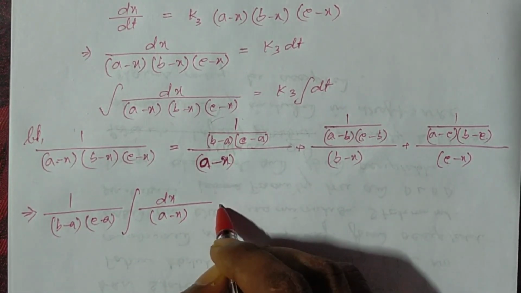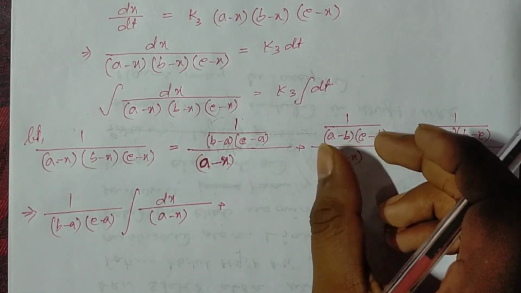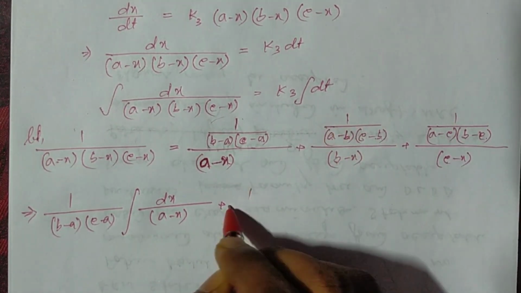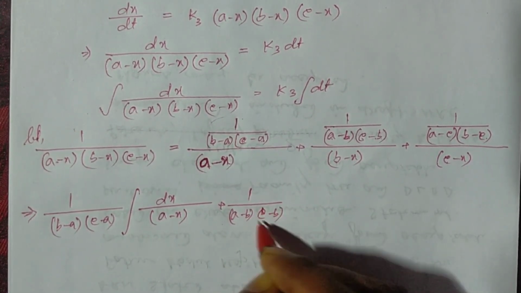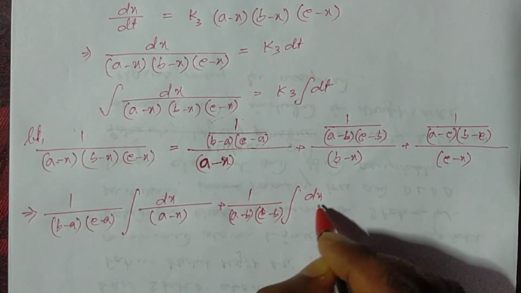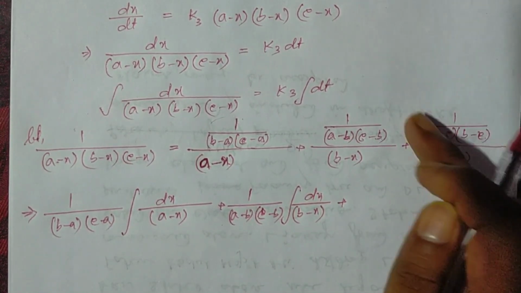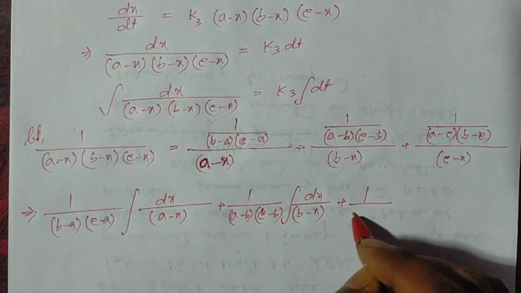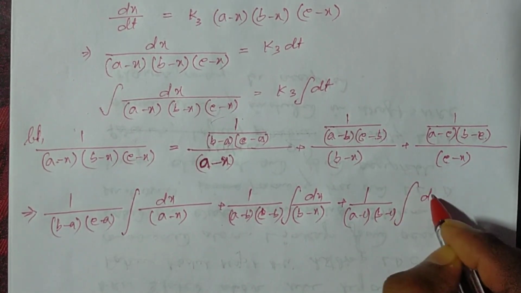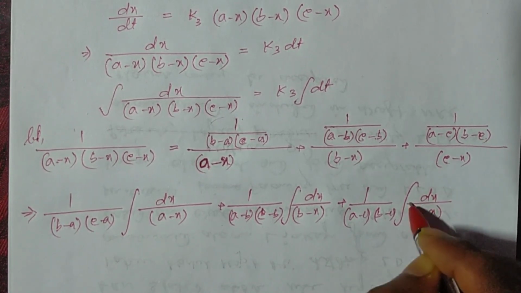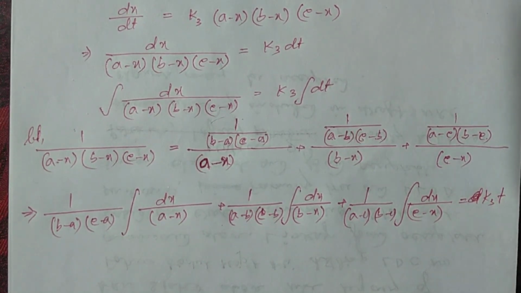Next, plus 1 by (A minus B)(C minus B), which is a constant part, so we can write it in front of the integration of dx by B minus x, plus 1 by (A minus C)(B minus C), integration of dx by C minus x, equal to K3t.